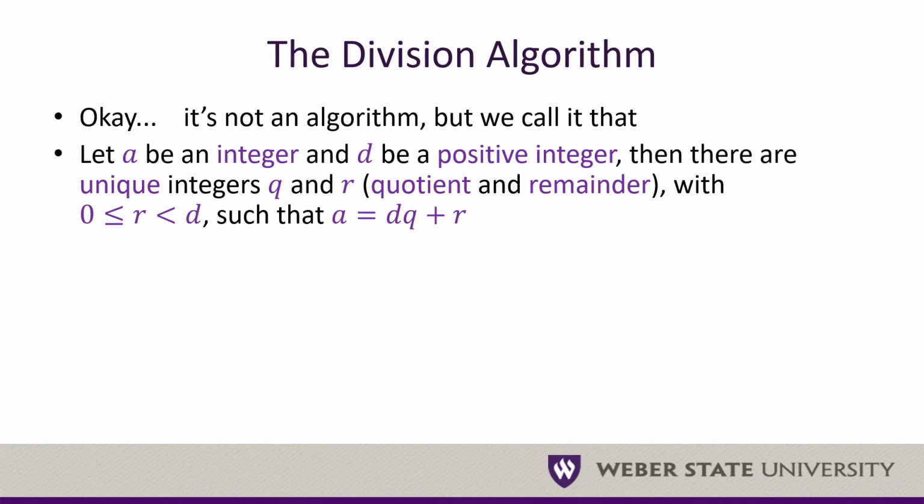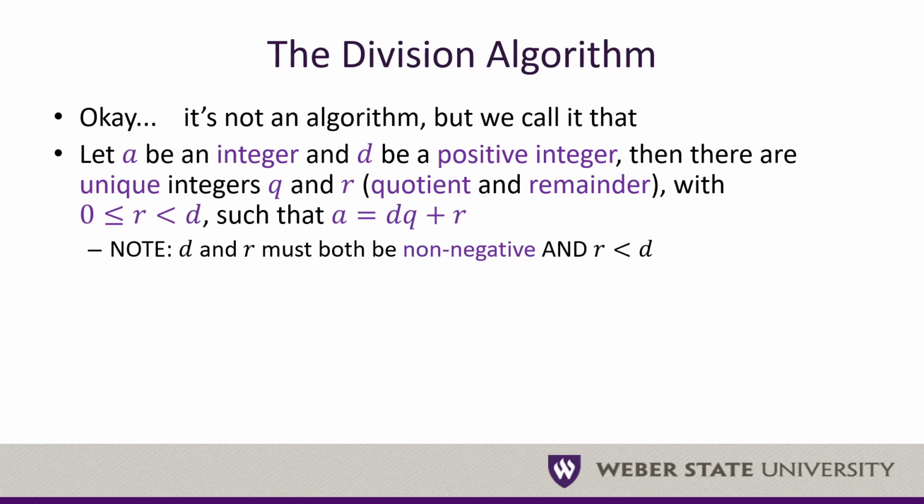The remainder is going to be between 0 and D. Remember, D is a positive integer, so our remainder is going to be non-negative. And A is always going to equal D times Q plus R. The key thing here, and the gotcha that will happen over and over, is that for them to be unique, D has to be positive and R has to be non-negative and less than D.